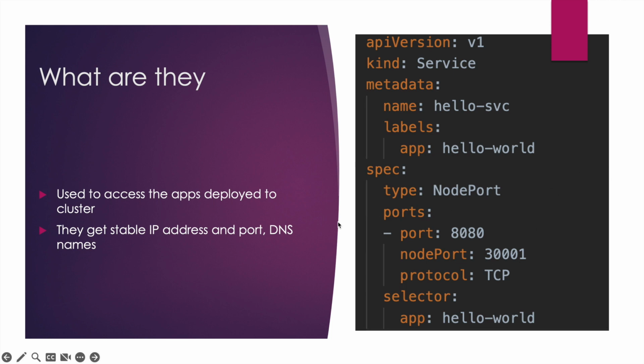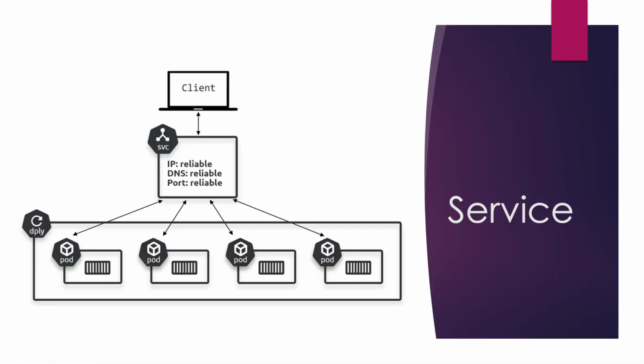And then we have mentioned the port. This is the port where the request will be sent to the pod, and the node port is the port that will be opened by the service to the outer world. So here we can see that the service is load balancing between these 4 pods, and the client hits the service.